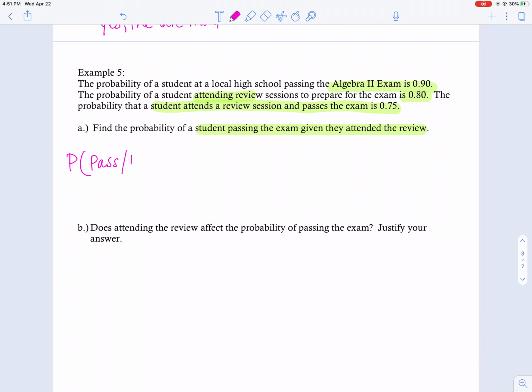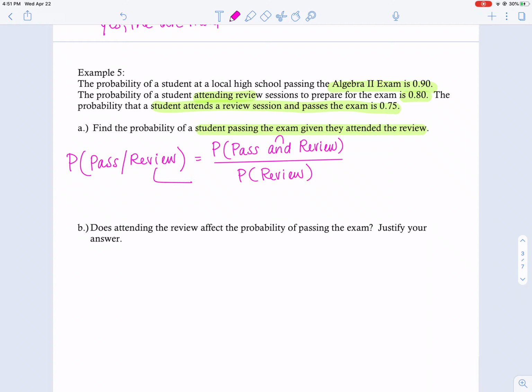So the probability that they pass given they attended review. Okay, so we don't have a two-way table. If we had a two-way table, we could easily see those numbers. But here we're going to do the formula. If it's pass given review, then we have to do the probability of pass and review, over, always the second one, the probability of review.